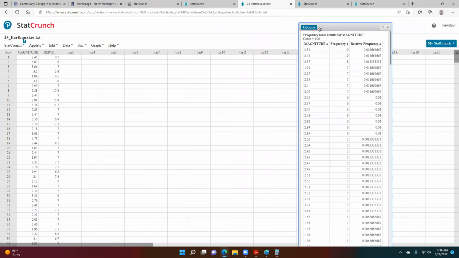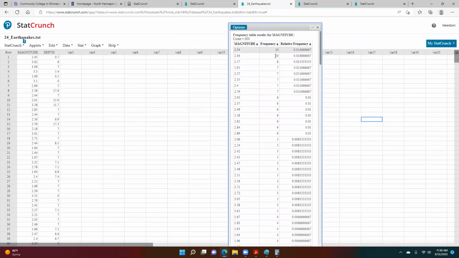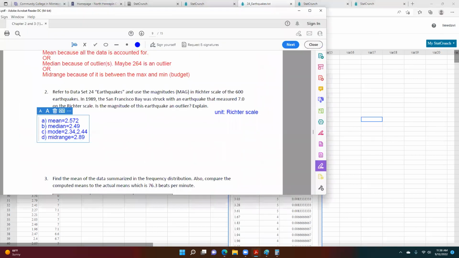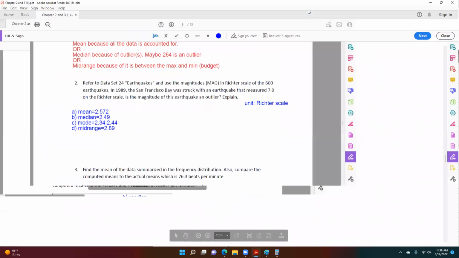Otherwise, you will get the table. The ones that you see with the most frequency will be your modes. The rest you don't worry about, because we are looking for the highest frequency. So these are your modes. Okay. So this is how we find your mean, median, mode, and mid-range for this question.